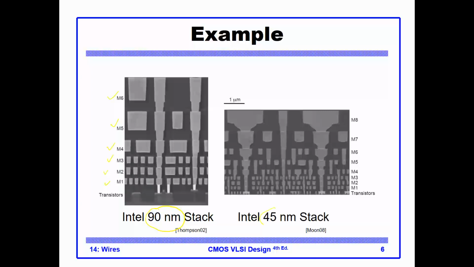For the 45 nanometer process, we have more metal layers. That's number one observation. And the thickness and the width are smaller. So I was able to cram more wire layers here in less thickness. That's how we make ICs with more devices by miniaturizing widths and spaces.